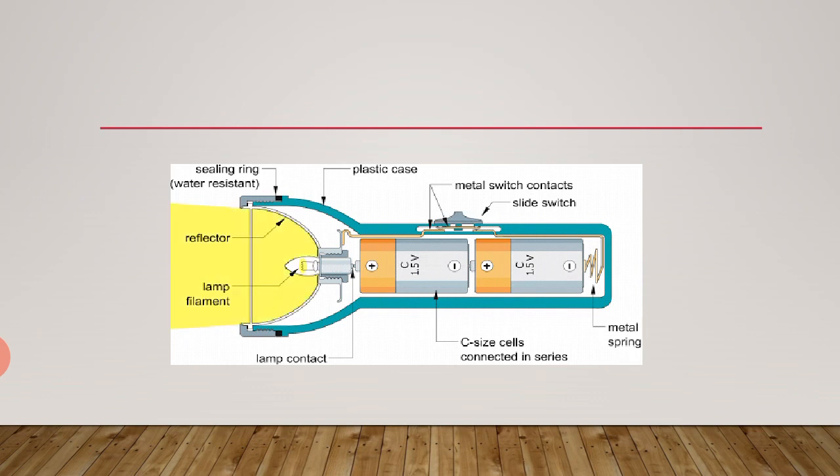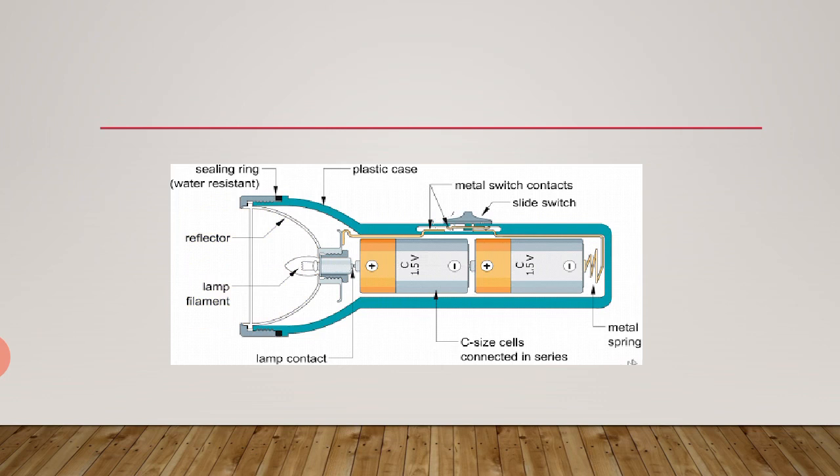The lamp and the reflector of the torch are used to focus the light at a certain point.